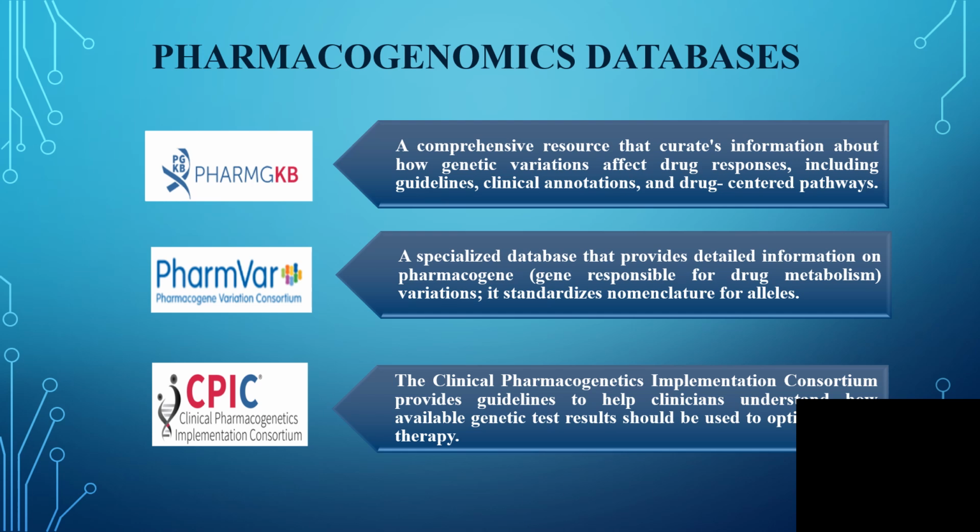For example, CPIC offers guidance on warfarin dosing based on genetic variations in the CYP2C9 and VKORC1 genes, reducing the risk of adverse effects. These databases are the backbone of precision medicine, ensuring the drugs are both safe and effective for individual patients.